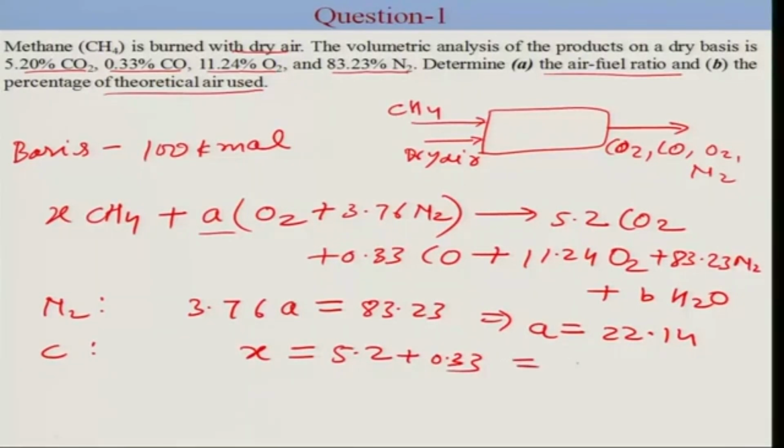So that gives x equal to 5.53. And similarly for hydrogen, 4x equal to 2b. That means b equal to 11.06 using x equal to 5.53.